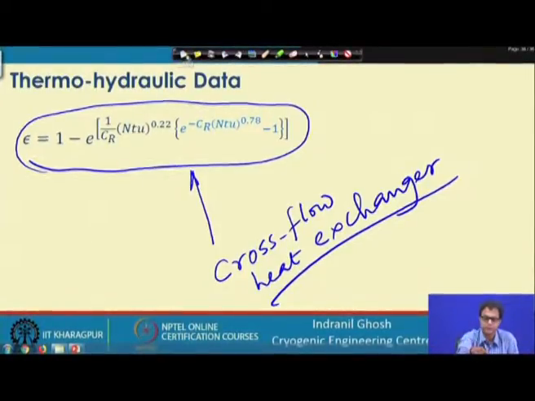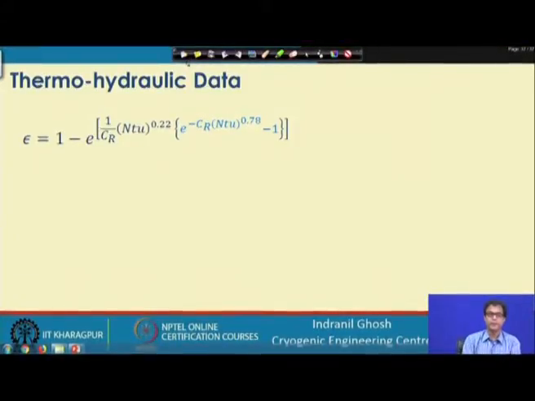As you can understand, since we are trying to solve this simulation problem where we have complete knowledge of the heat exchanger geometry, if we have the geometry known to us, what is the approach that we will take? We have to think about whether this LMTD approach will be applicable or not.